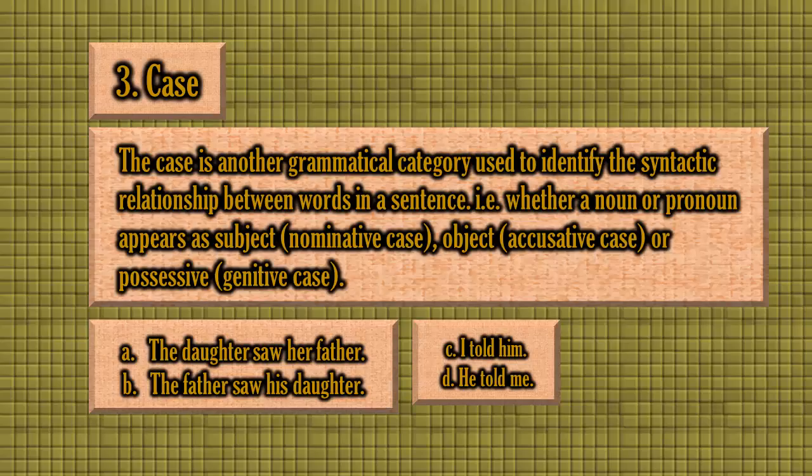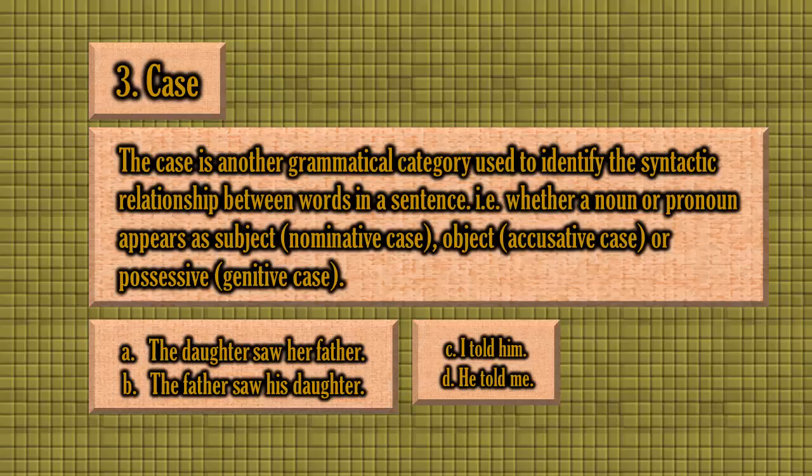That is, whether a noun or pronoun appears as subject, nominative case, or object, accusative case, or possessive or genitive case. For example, the daughter saw her father. In this sentence, the daughter is a subject, whereas the father is object.